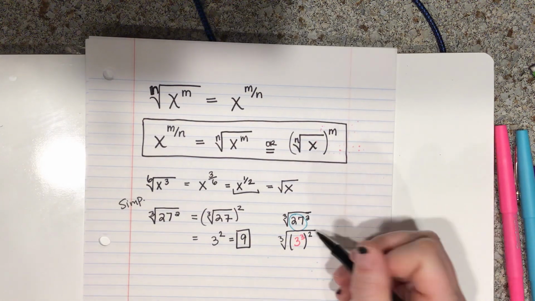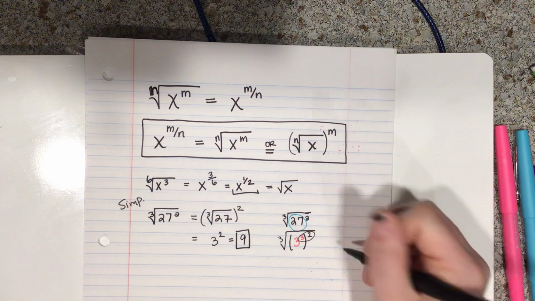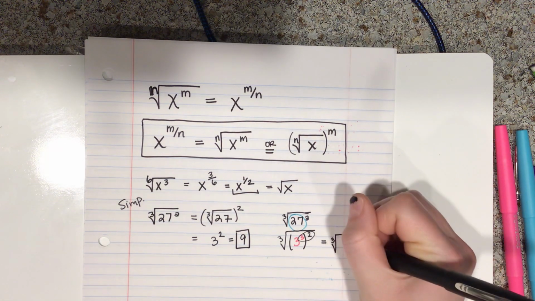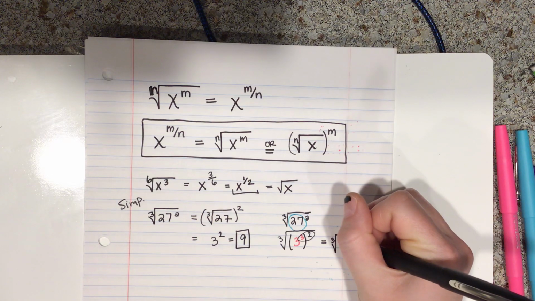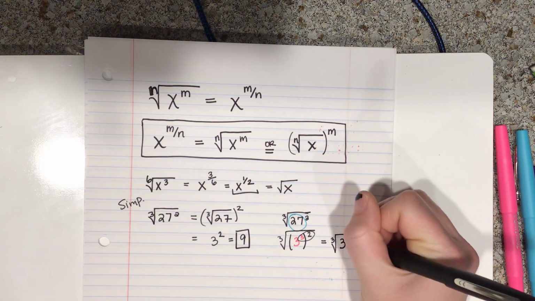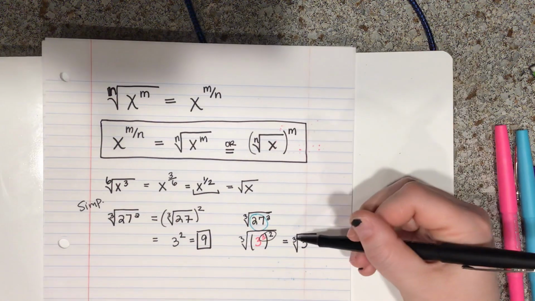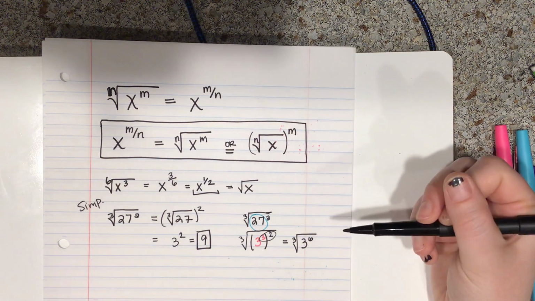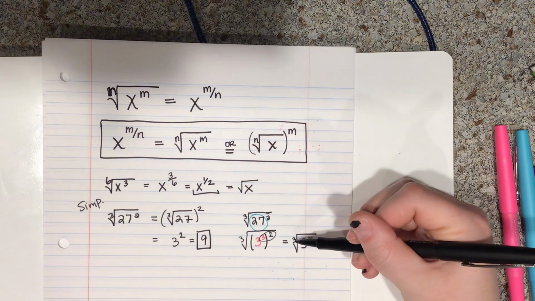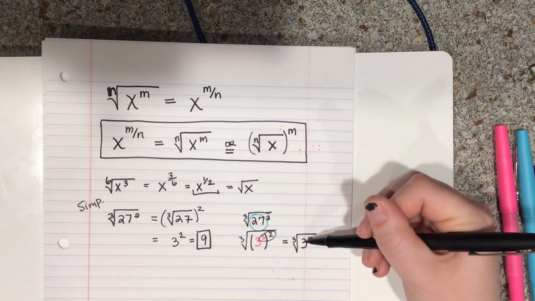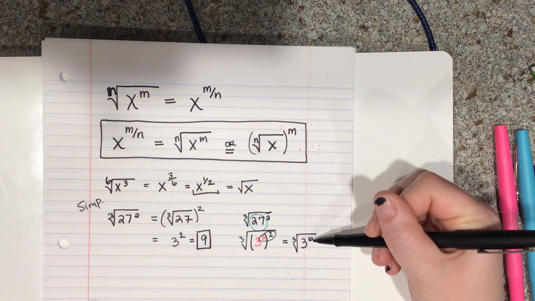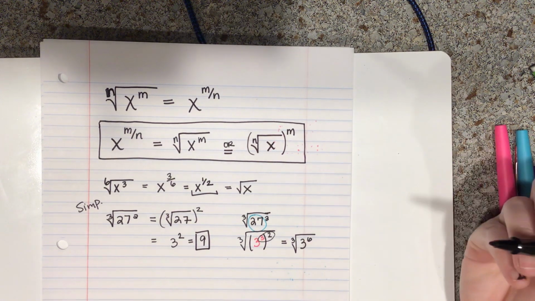Well, our properties of exponents tell us that I can multiply those. So I'm left with the cube root of 3 to the 6th. Well, here's the sweet thing about this now. If I take the cube root of 3 to the 6th, well, one, you guys should know that you can just divide that 6 by 3 and we get 2.